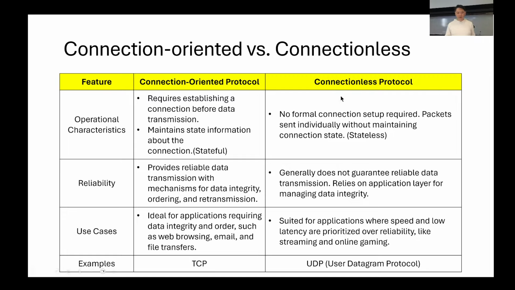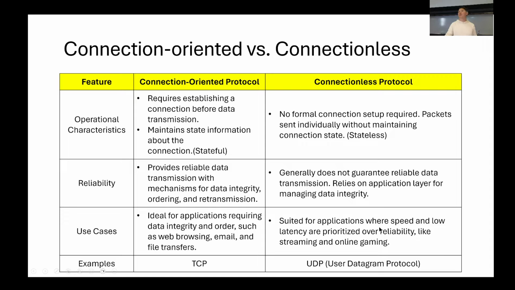Why? The speed is the priority in UDP. There is no formal connection setup required, and packets are sent individually without maintaining connection state. So they don't need any state information. They think speed is very important because this is a very delay sensitive service.